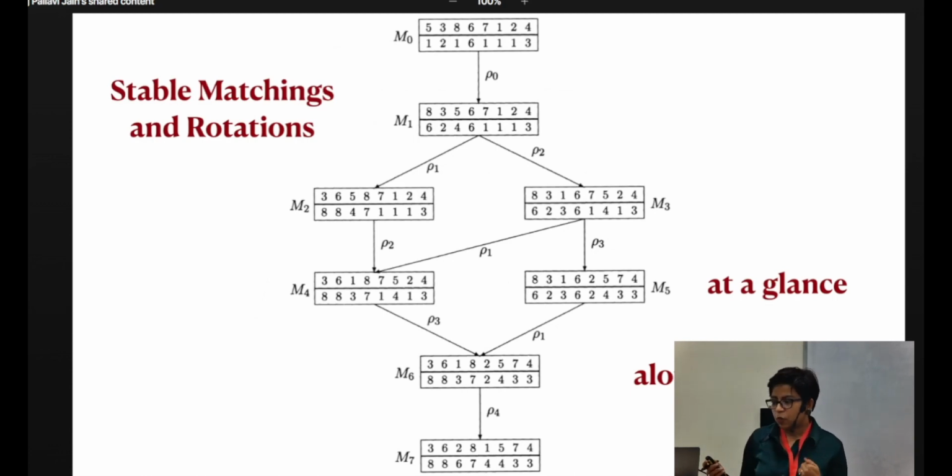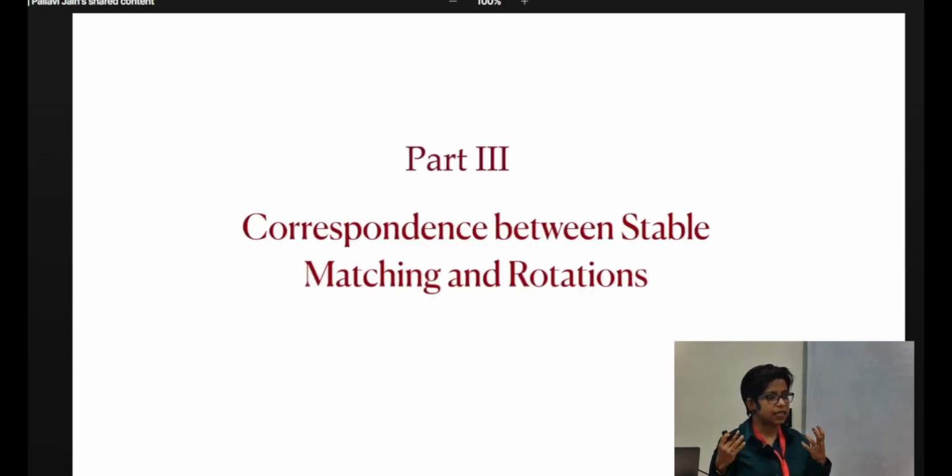Now what we will show is that there is a very deep bijective correspondence between the set of stable matchings and subsets of rotations. In particular, every stable matching has a one-to-one correspondence with a carefully chosen subset of rotations.